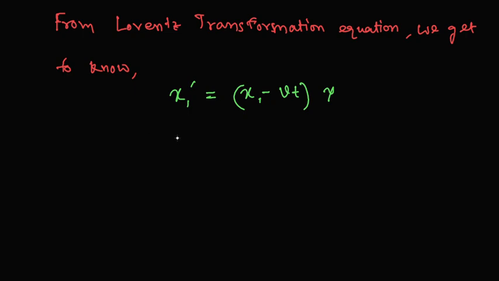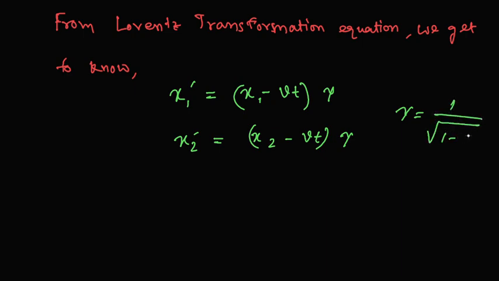Similarly, for x2 prime, we get x2 minus vt whole into gamma, where gamma has the value 1 by root over 1 minus v square by c square.